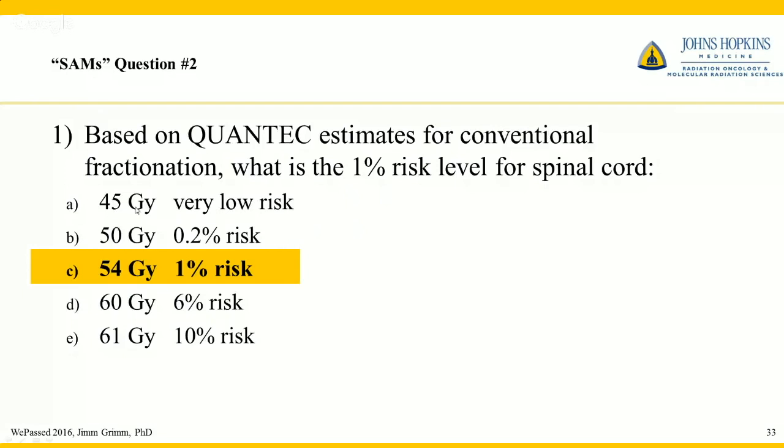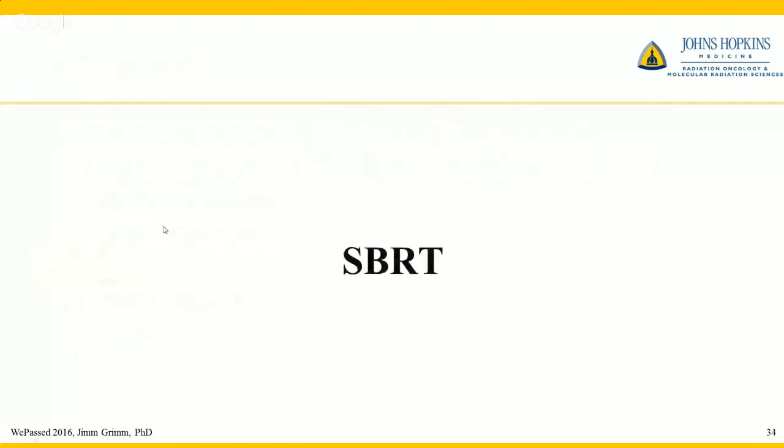A lot of people, some are more courageous than others and willing to take a risk. And it depends on which patient is going to benefit from a higher dose. But I think that's a pretty useful result to show that the conventional limit has very low risk, and even at 50 gray, it's 0.2% risk.